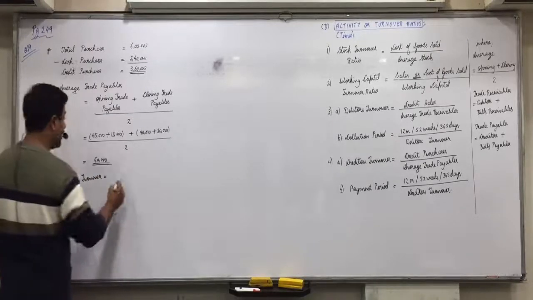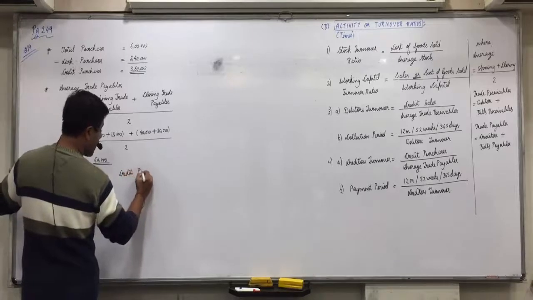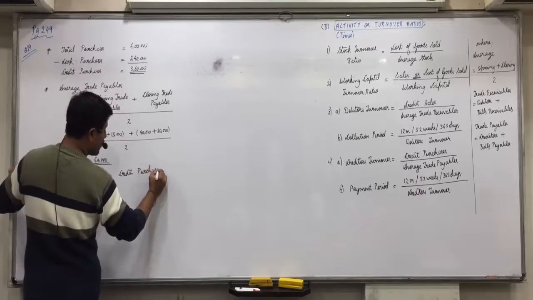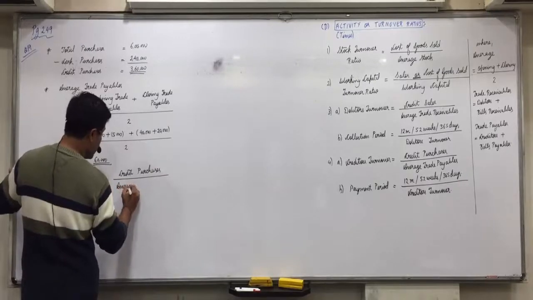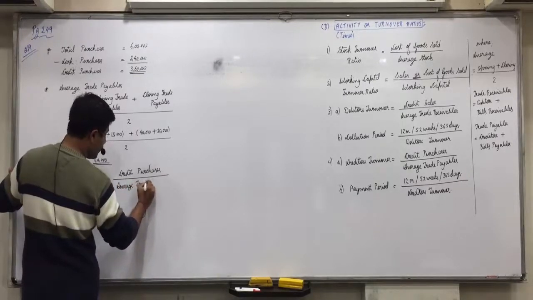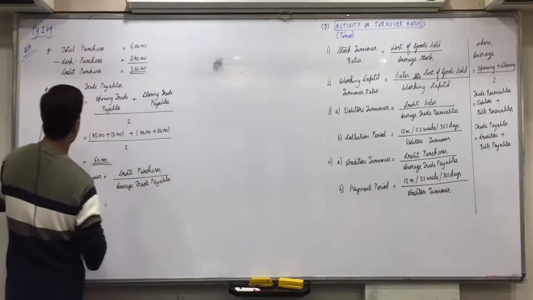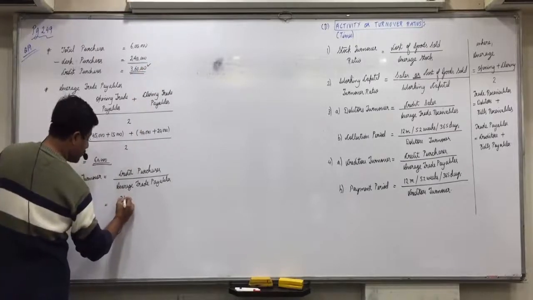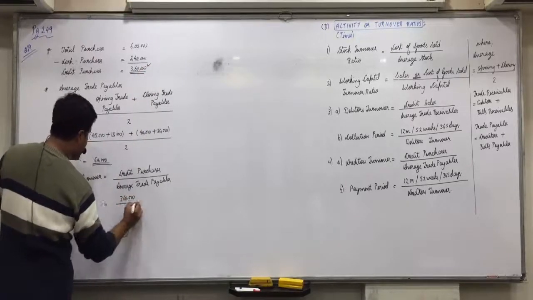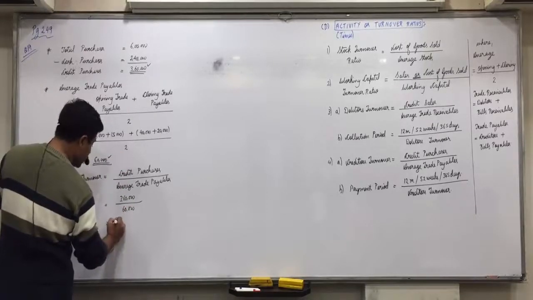Creditors turnover will be equal to credit purchases divided by average trade payables. Credit purchases 3,60,000 divided by average trade payables 60,000. So 6 times.